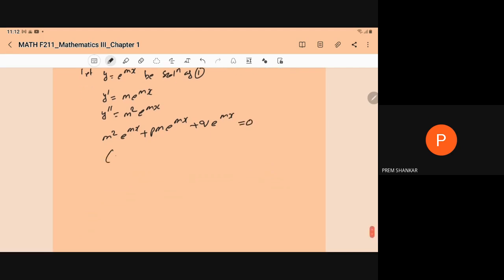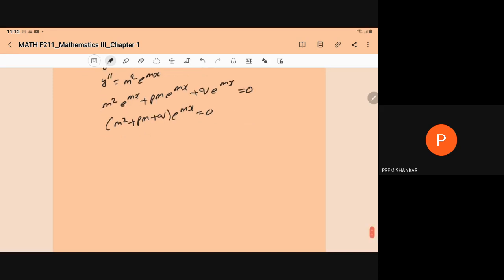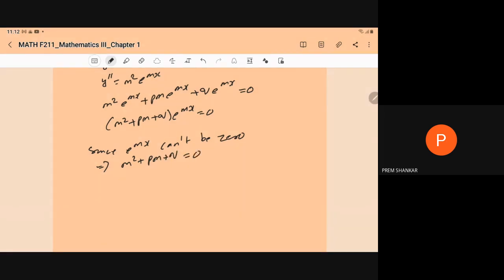So this will give you (m square plus pm plus q) e to the power mx is equal to 0. You know that the exponential cannot be 0, since e to the power mx can't be 0, which implies m square plus pm plus q is equal to 0. This is the quadratic equation.